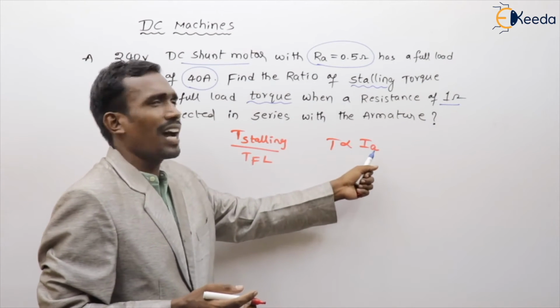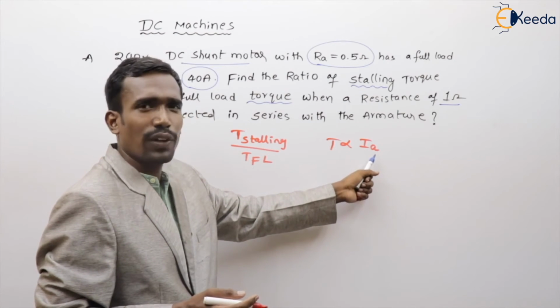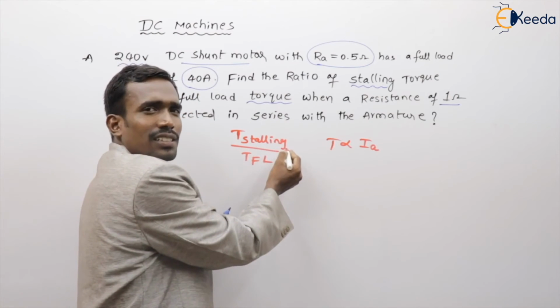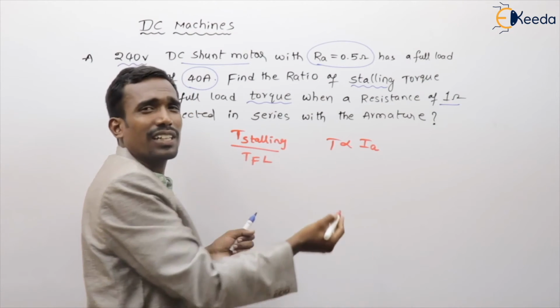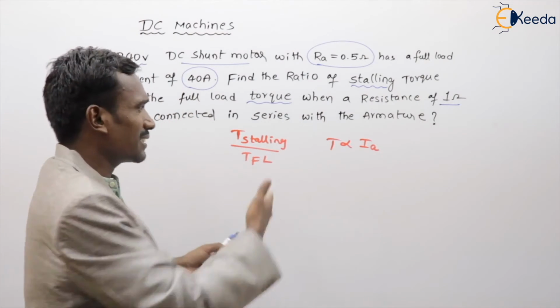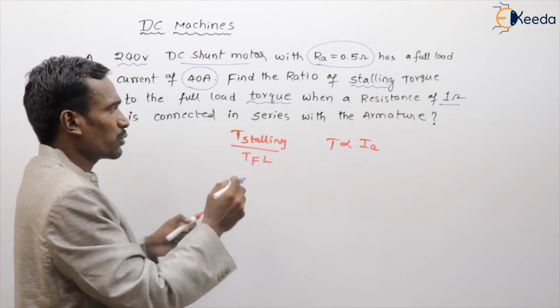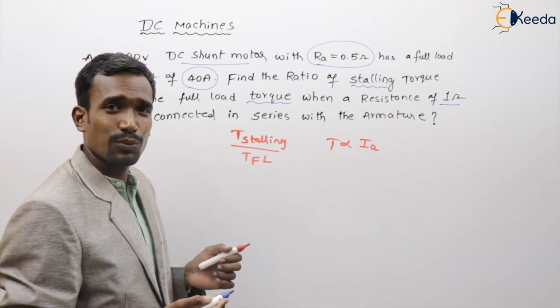We have to find Ia at the stalling torque and the full load armature current. That is our answer. First, you have to know what stalling torque is.